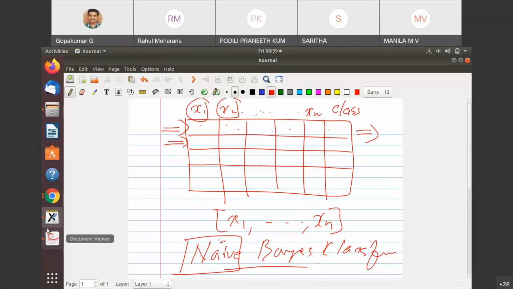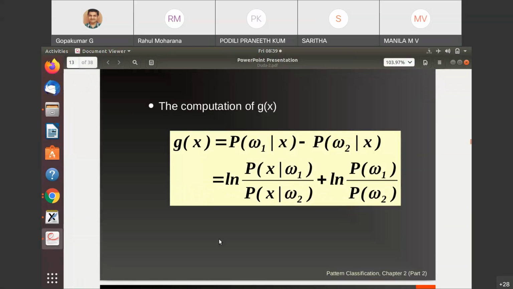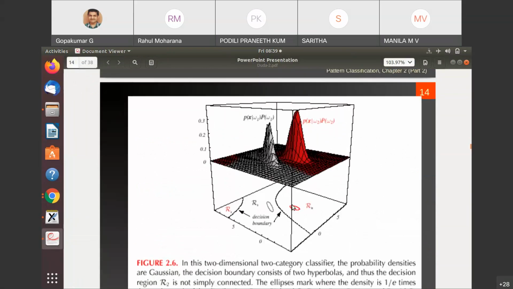So this is another point that we should discuss. And what we will discuss in the next class is this: so far we have discussed probability density functions, but we have not discussed in what way the probability is distributed, the shape of the plot, what their distribution looks like.